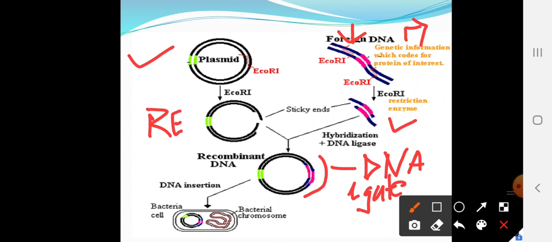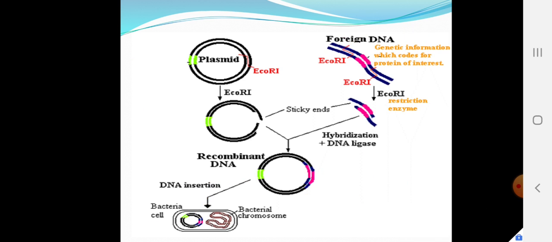Further, this plasmid, into which the gene of interest has been ligated, will be transformed or inserted into the bacterial cell or any host cell, and it will be replicated into many copies.